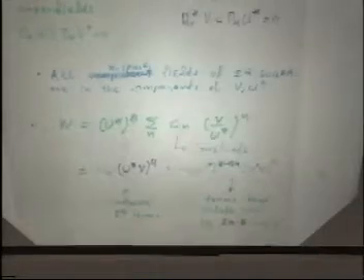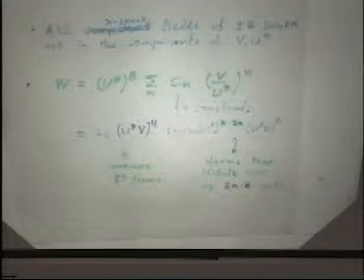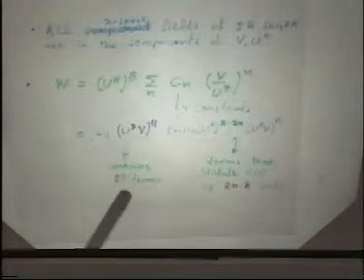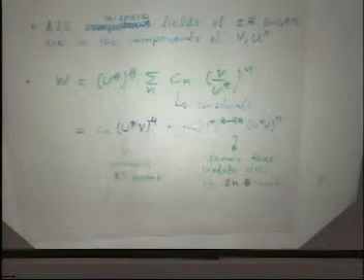I will show you later on that all the fields of type 2B supergravity can be found in the components of these superfields. In terms of these, the superpotential takes this form that I've written over here, where these c_n are just some constants. In particular, the R to the 4 term is contained in this little term over here.